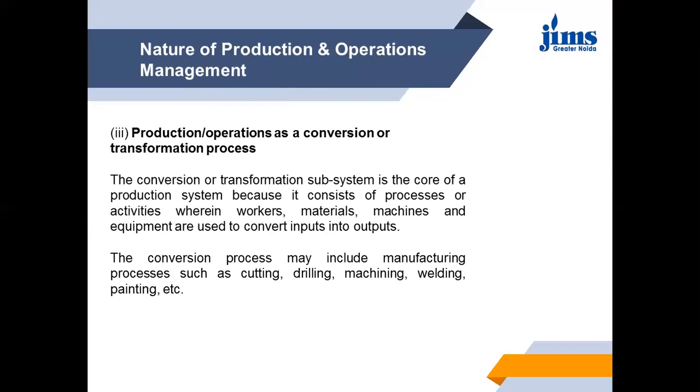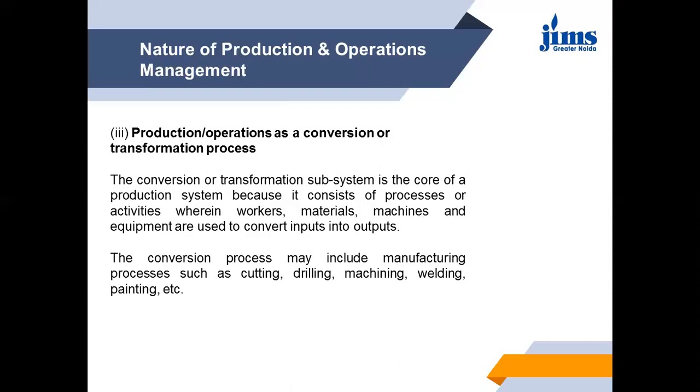The third aspect talks about production as a conversion or transformation process. Yes, indeed, production and operations is the core of a production system. The conversion is the core of a production system because it consists of processes, activities, and functions where workers, materials, machines, and equipment are used to convert inputs into outputs.